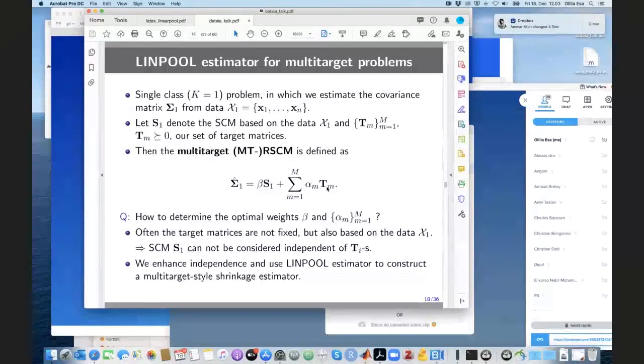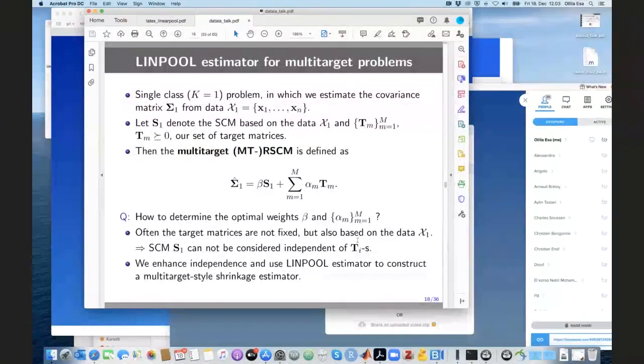Let's just say that the target matrix could be a single factor model for stock returns, but you still need to estimate those factors from the data itself, and so these target matrices would not be really independent of the sample covariance matrix S1.